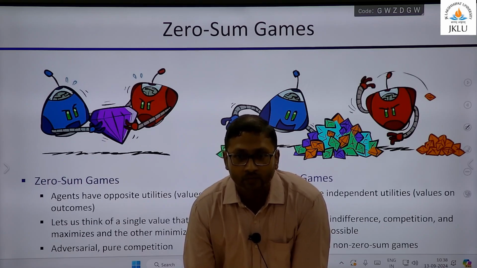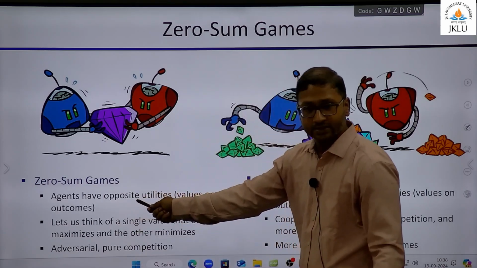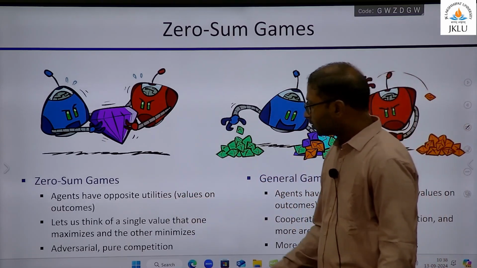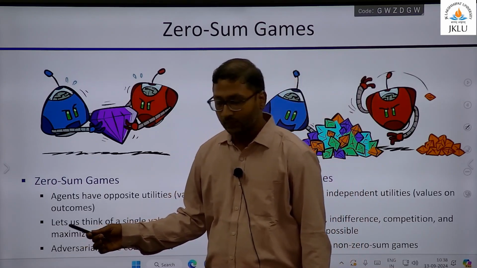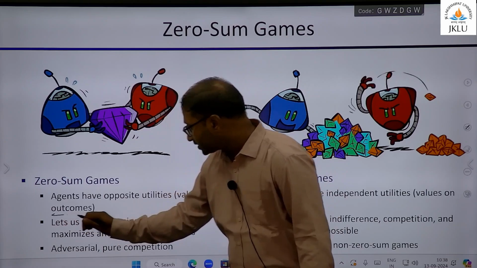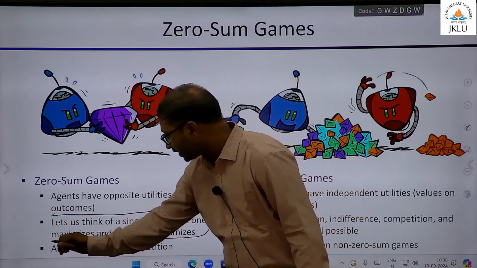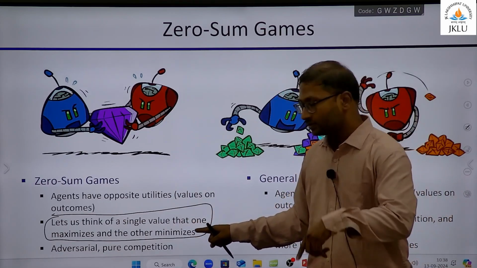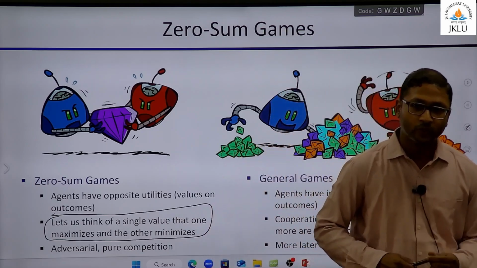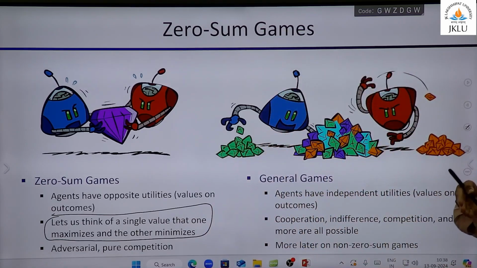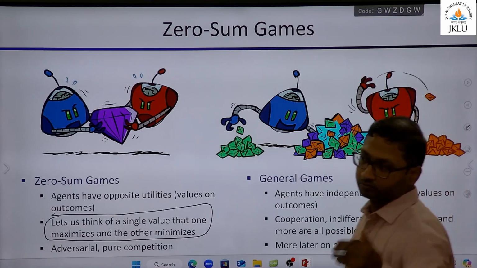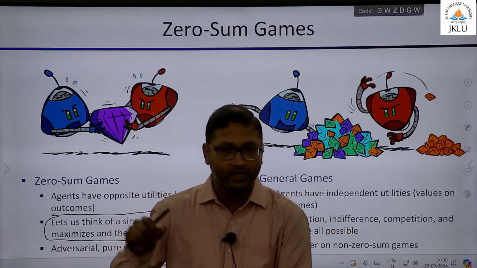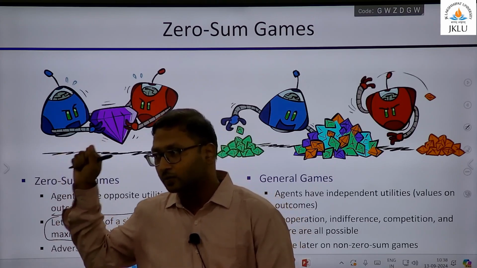In this case? Look, this is important here. Let us think of a single value that one maximizes and the other minimizes. So let's say if you are white in chess, you are going to attain +1. If I am black in chess, I want to attain exact opposite, which is -1.